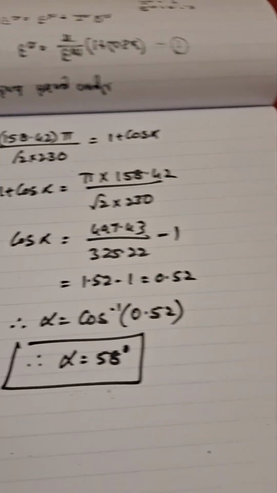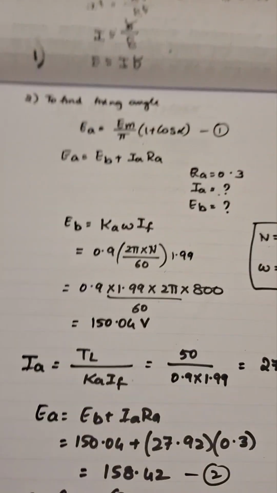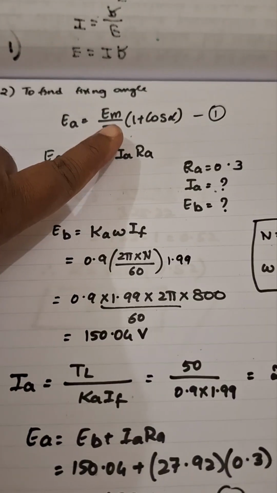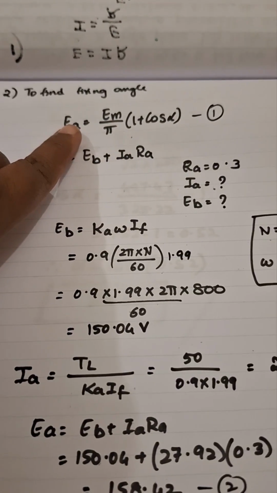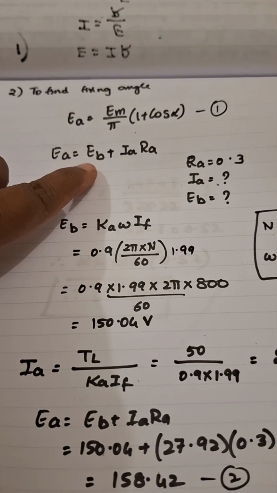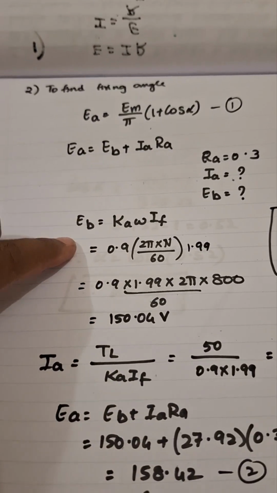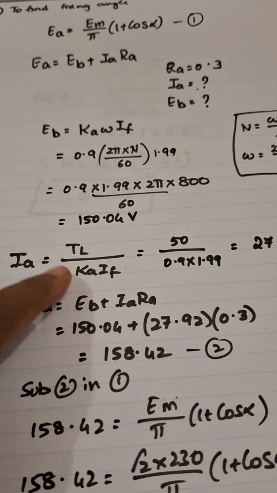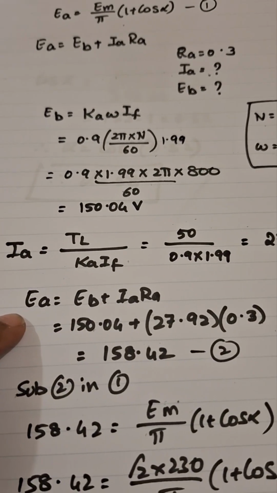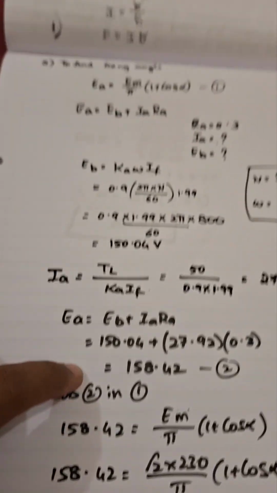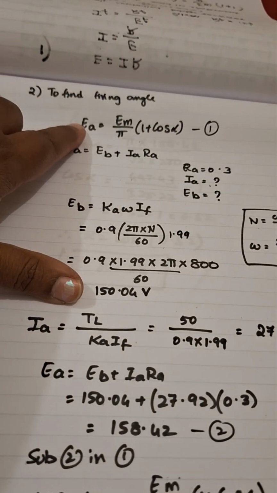The main point is you need to find EA is equal to EM by pi into 1 plus cos alpha, so that you can find alpha. But for that you need to know your EA. EA is EB plus IA RA. RA is given, so to find EB we wrote this formula, and to find IA we wrote this formula. Once we got EB and IA, we substituted them to find EA. EA is substituted back into the main equation.